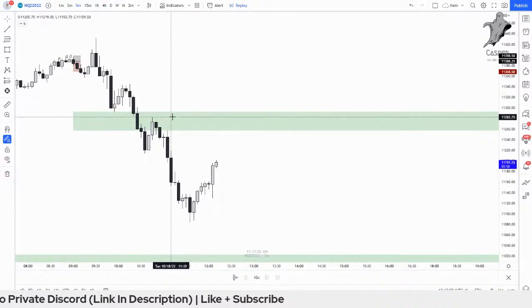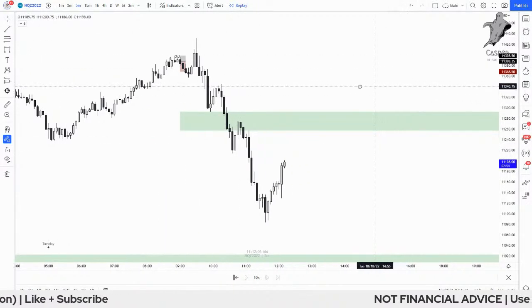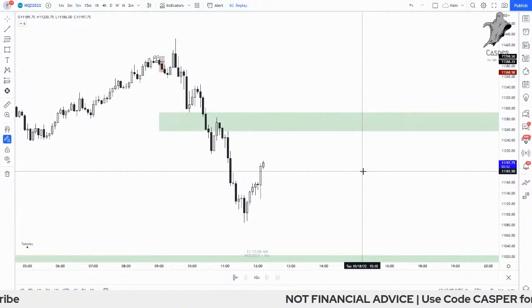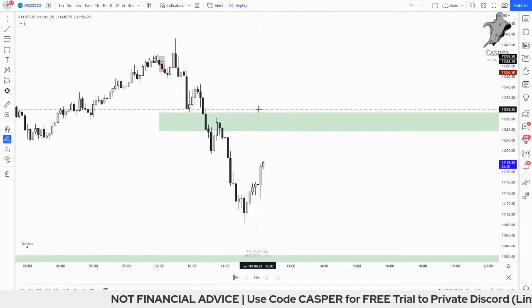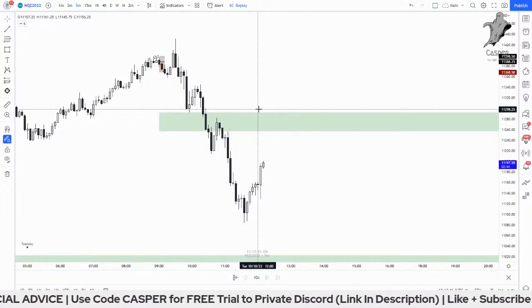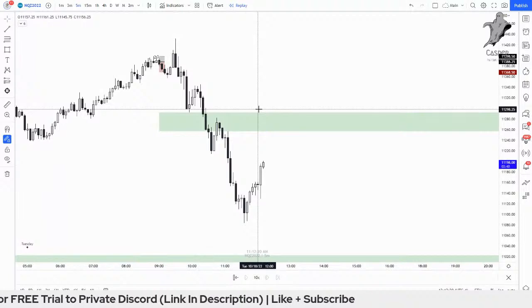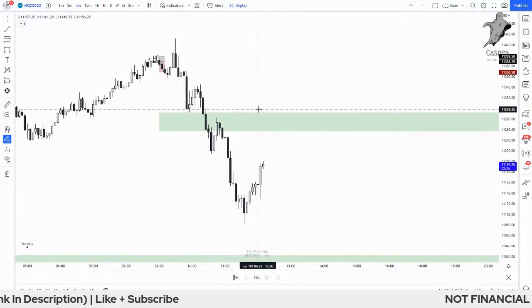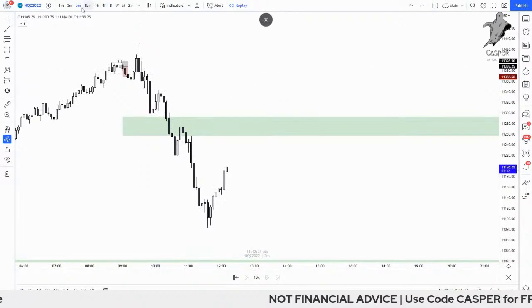Not really much there on the lower time frames, though, I will say. But that's overall what I would like to see.